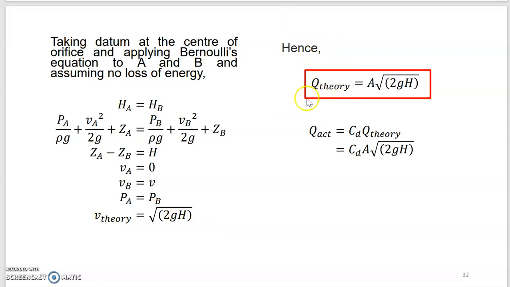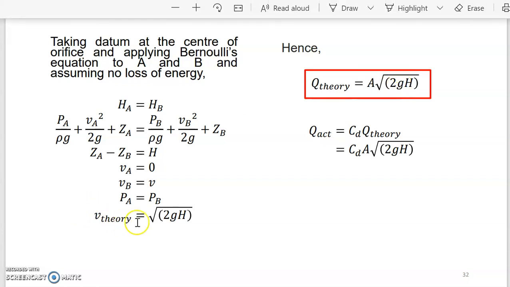Therefore the theoretical flow rate equals Q = A times V, the theoretical velocity. And then the actual flow rate equals the coefficient of discharge times the theoretical flow rate, so we just put a CD here times A times the square root of 2GH.